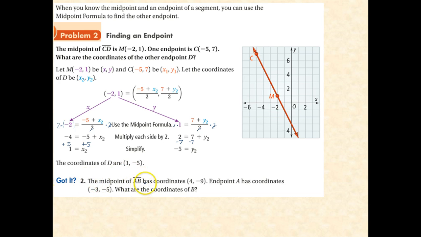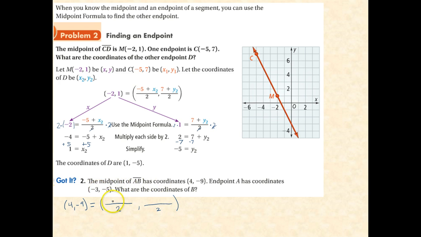Alright, go ahead and pause and see if you can do this. Alright, here we go. The midpoint is (4, -9), and that is the average of the x values, comma, the average of the y values.